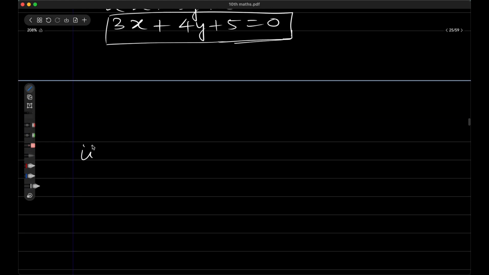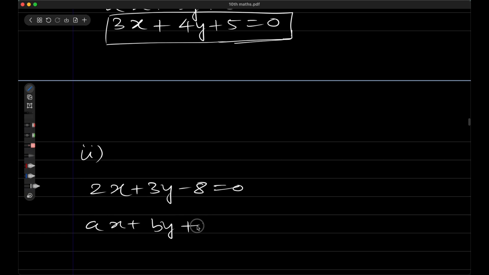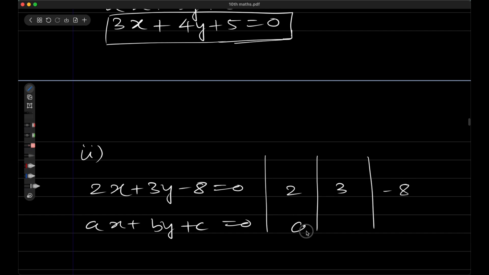Now second part, we have to form the linear equation such that the two lines become parallel lines. Given the first equation is 2x plus 3y minus 8 equals to 0, let's take the other equation as ax plus by plus c equals to 0. The coefficients a, b and c for the first line are 2, 3, minus 8. For the second line it is a, b and c.